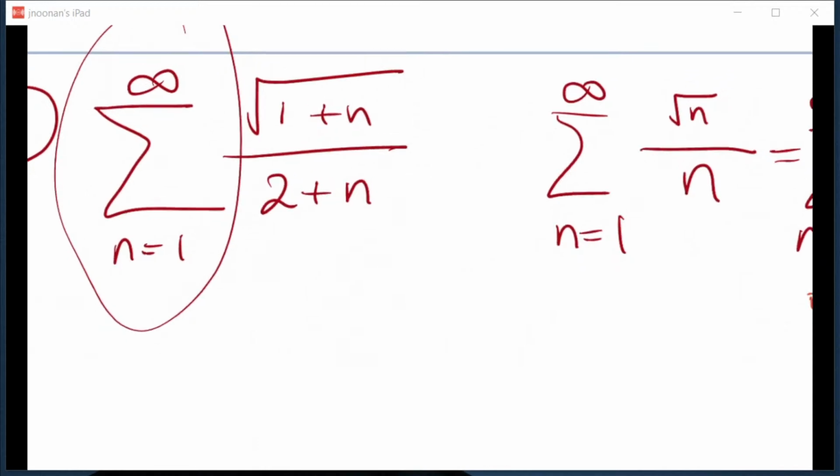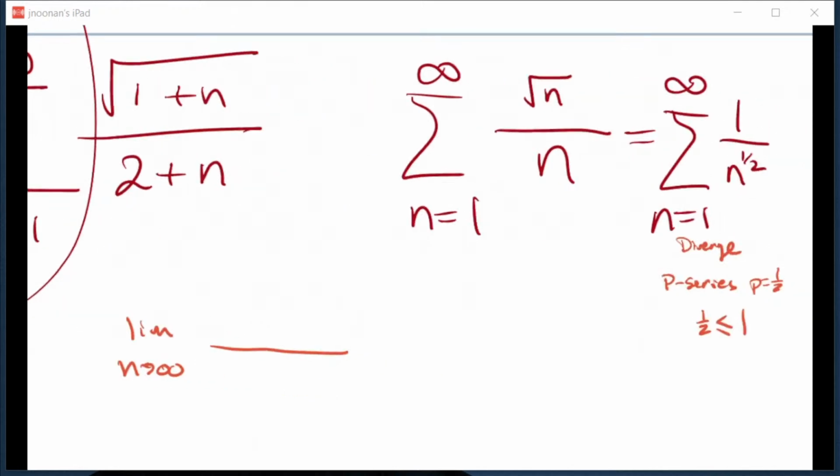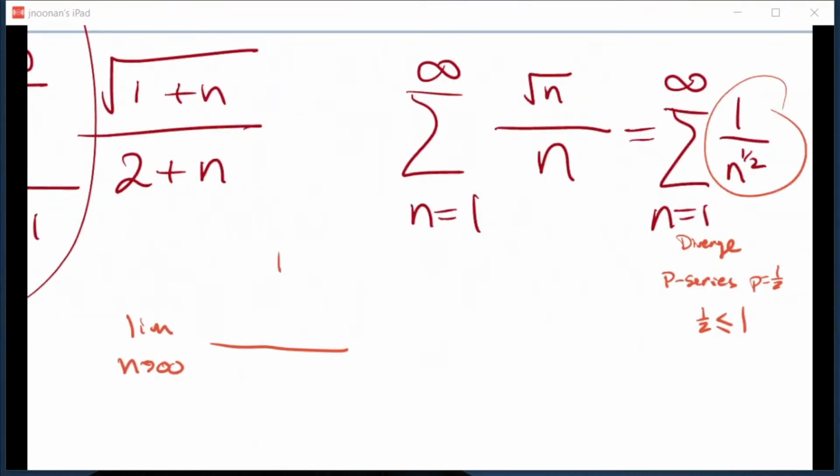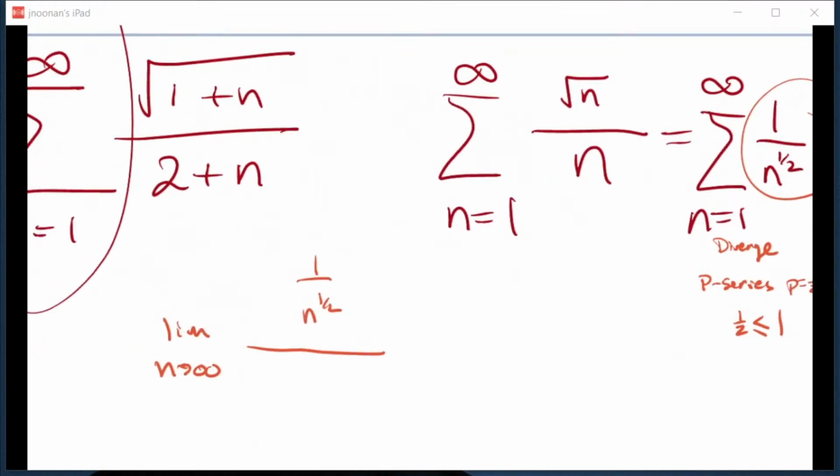So now we'll do my limit. I do the limit as n approaches infinity of this fraction. Pick one of these to go on top, and the other one goes on the bottom. And then you just have to do some algebra.